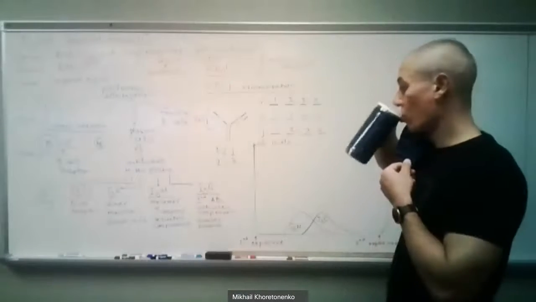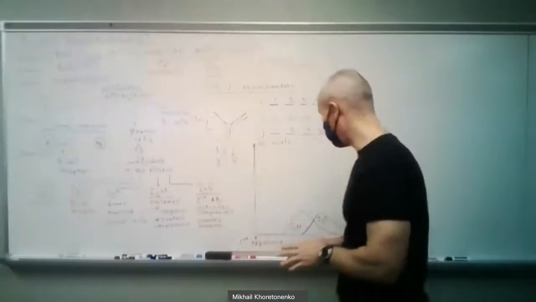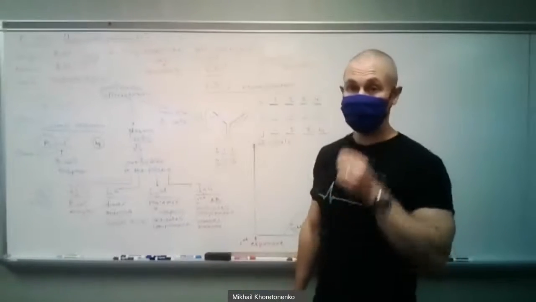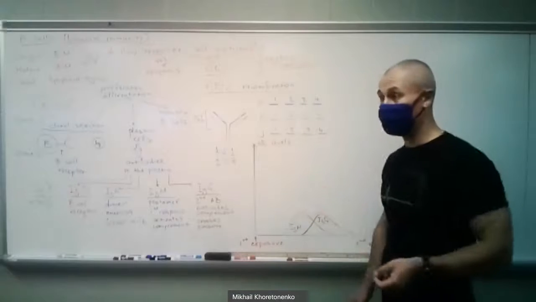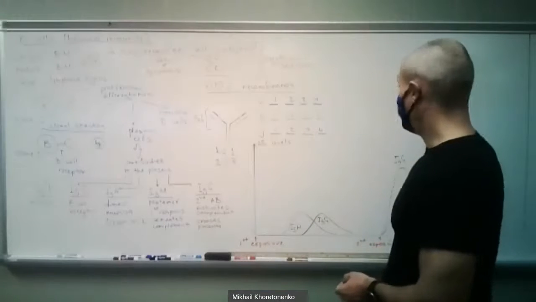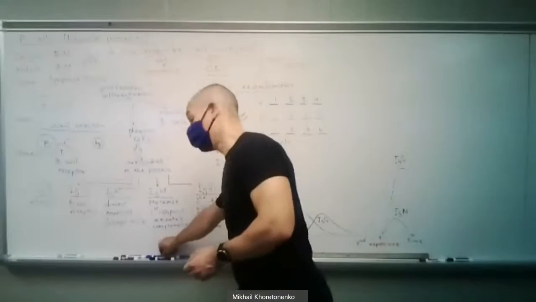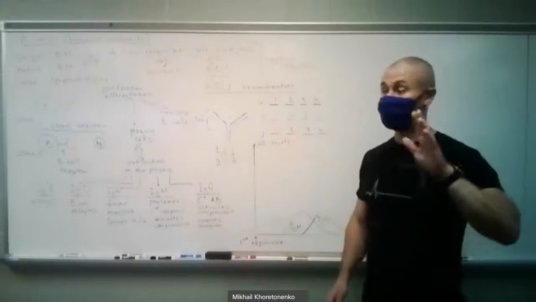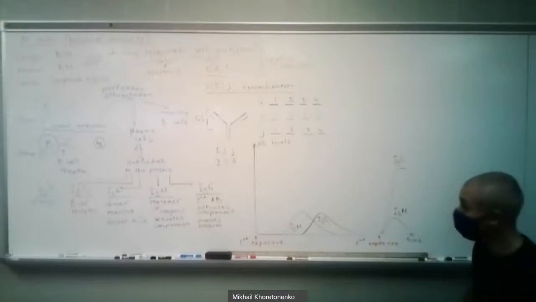Now, a few more things about B cell response. One, we need to outline the main mechanisms for antibodies to work. And they are pretty well described in the lecture notes.